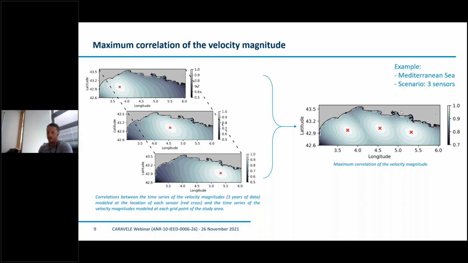We calculated the correlation for each sensor independently, and then we combined all correlation maps. For each grid point, we selected the maximum correlation so as to generate such a map on the right-hand side figure, which is the maximum correlation of the velocity magnitude for a network composed of 3 sensors in the Mediterranean Sea.